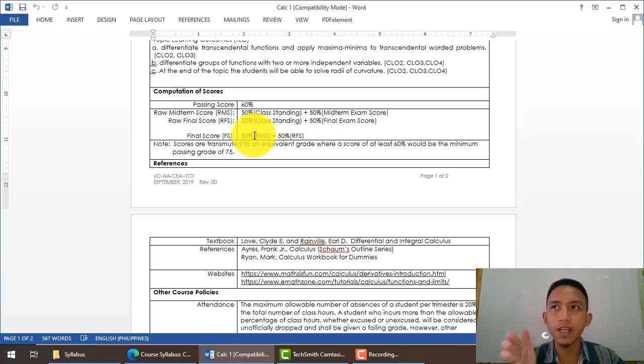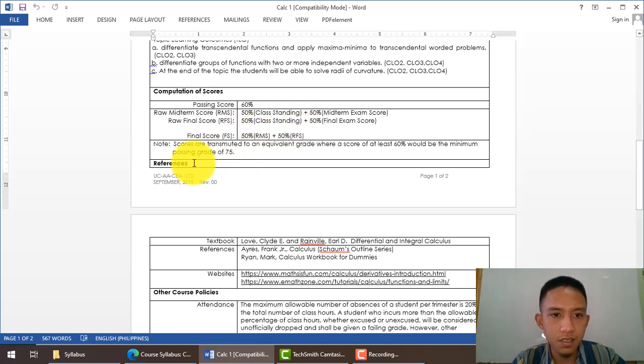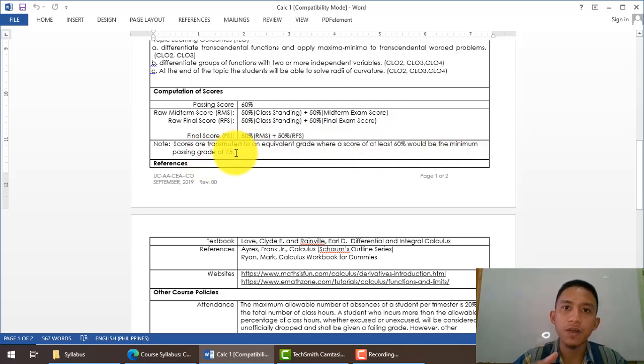Okay, grade is just a number corresponding to a certain score. It is just transmuted. So it says there that scores are transmuted to an equivalent grade. For a score of at least 60, this is what I'm saying again, would be the minimum passing grade of 75, because our passing grade is 75 and above.